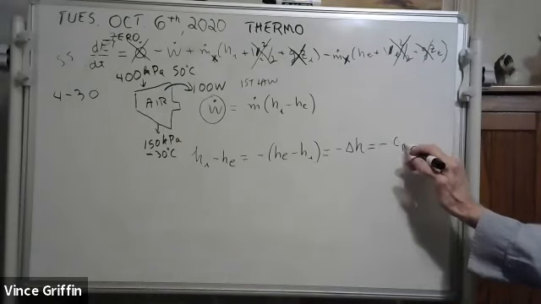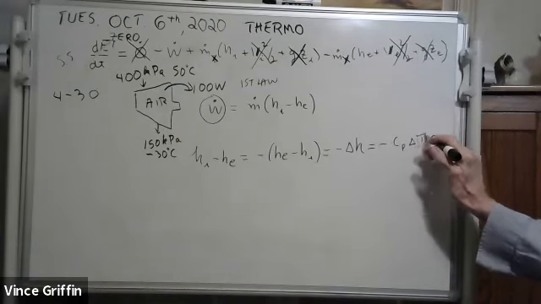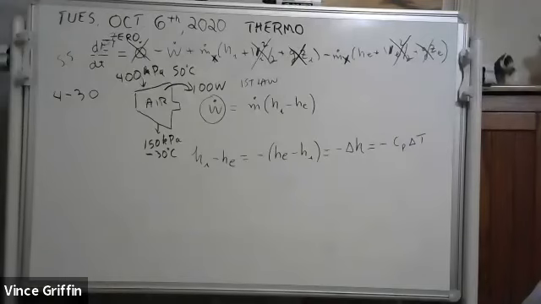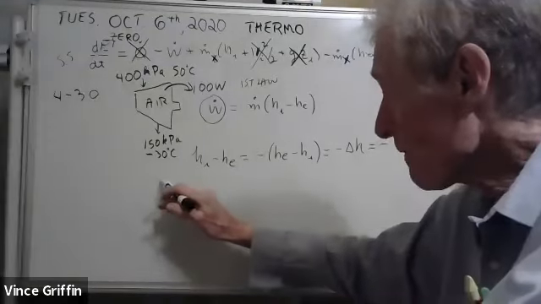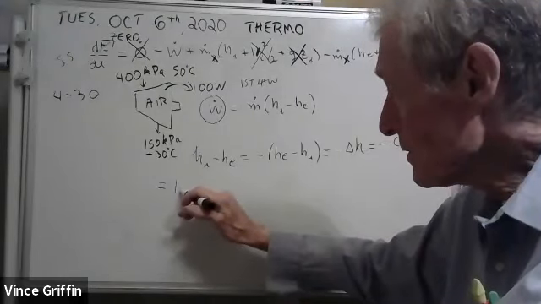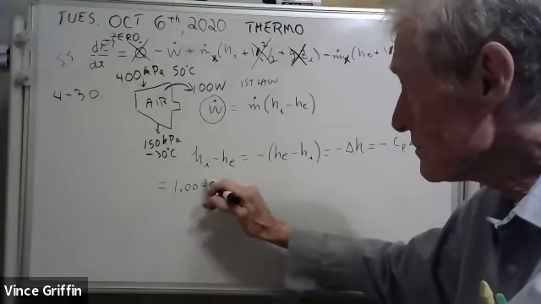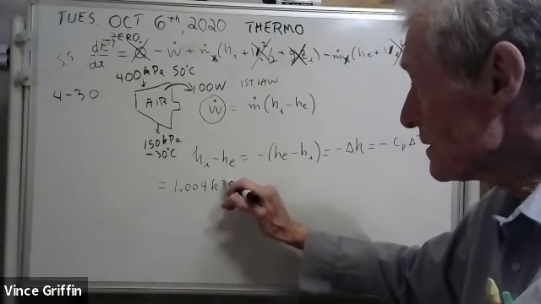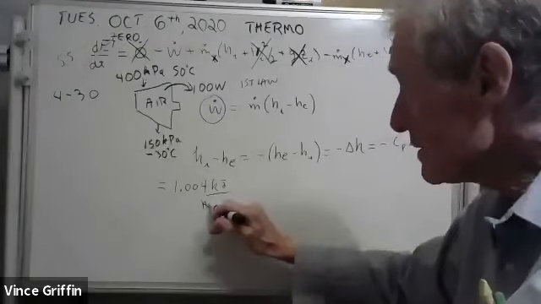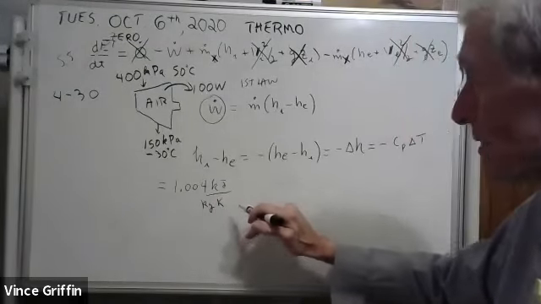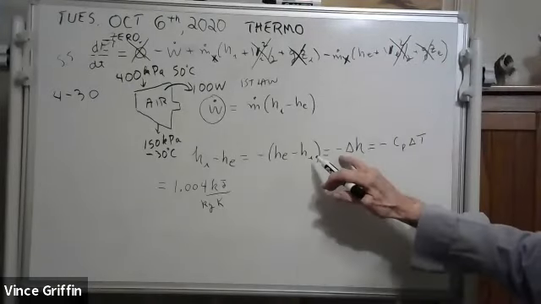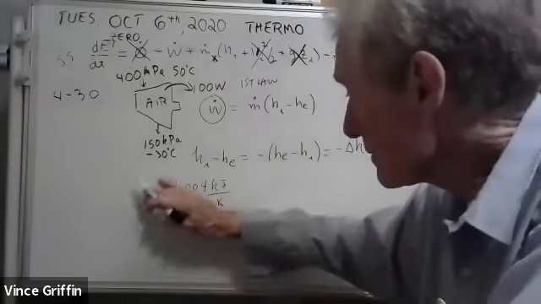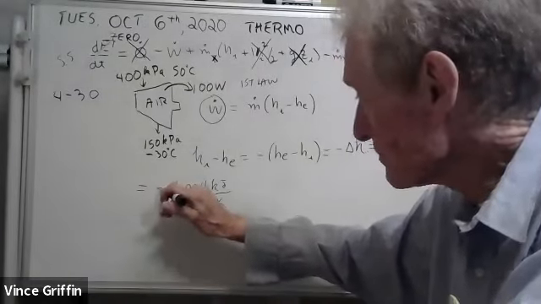It's c sub p delta T. Now, c sub p for air is 1004 kilojoules per kilogram Kelvin. Now, don't forget there's a minus sign in front. We better not forget the minus sign.